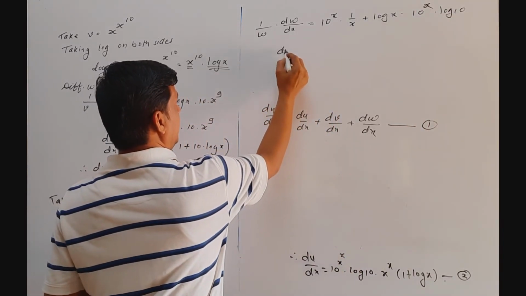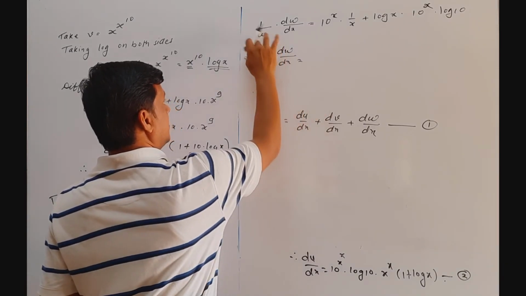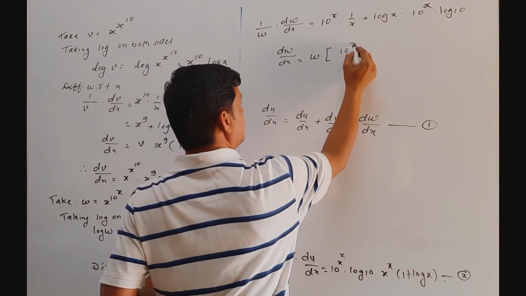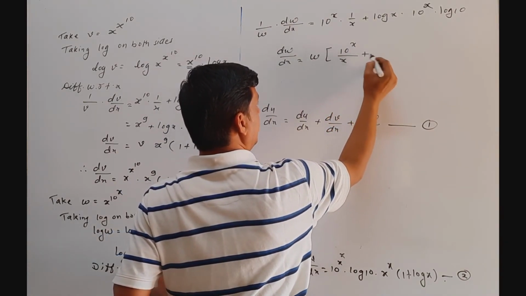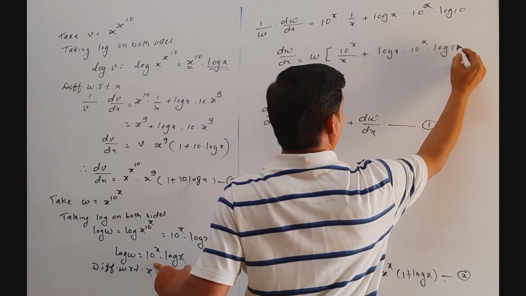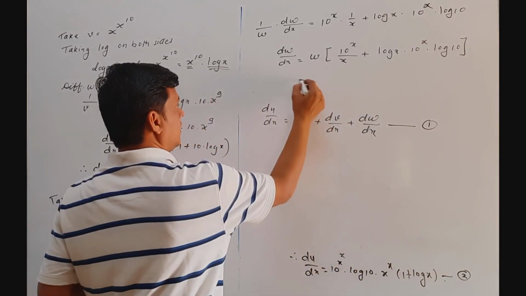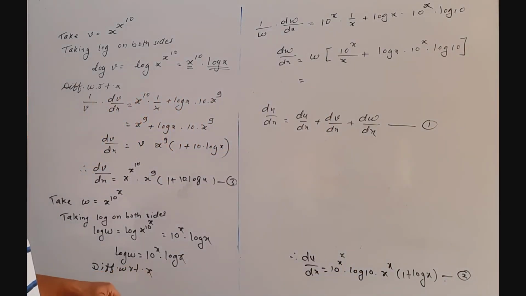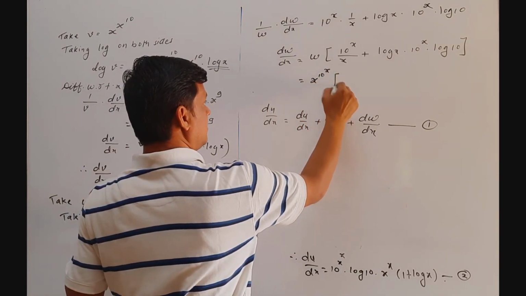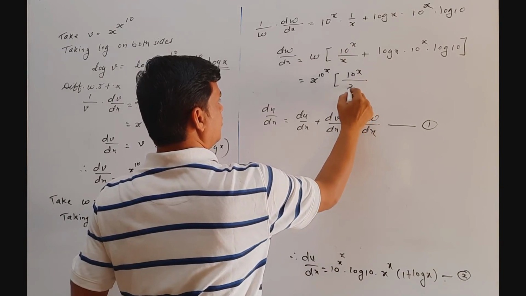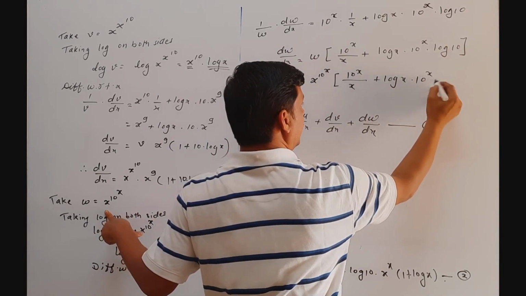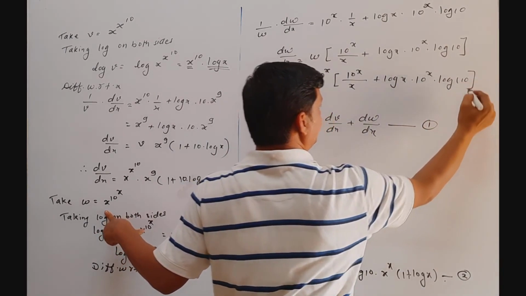So we find dw by dx. Transfer this w to the right hand side. So w into the bracket 10 raised to the power x upon x plus log x into 10 raised to the power x into log 10. Now replace the value of w, which is x raised to the power 10 raised to the power x, in the bracket 10 raised to the power x upon x plus log x into 10 raised to the power x into log of 10.